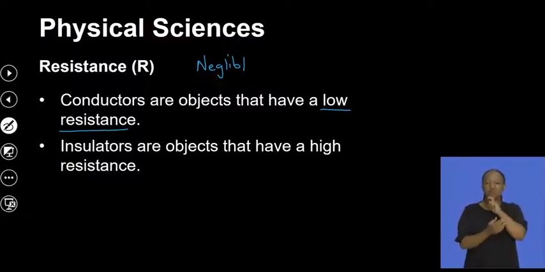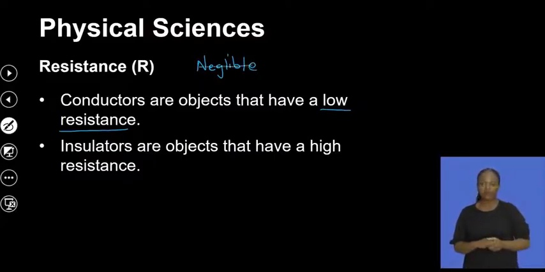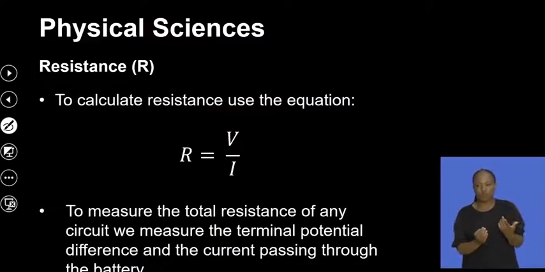So if they say the battery has negligible resistance, it means that the source does not offer any resistance to the flow of charge. It means all the current passes through the battery. So this says to us that the amount of resistance is so low that we can ignore it.